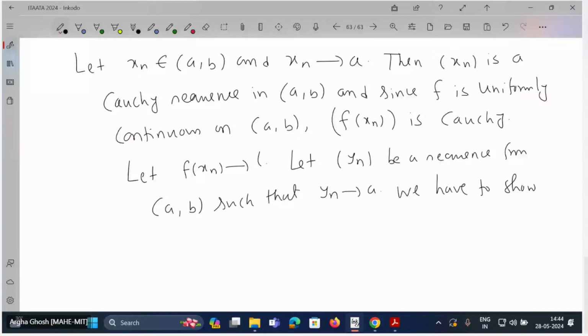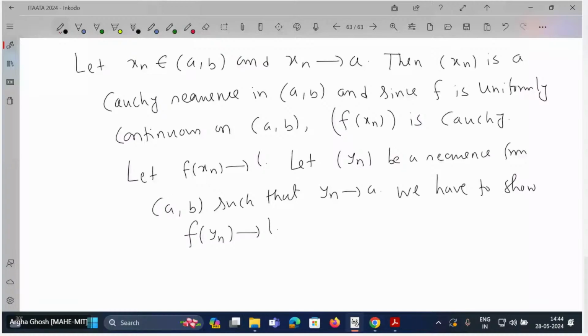How to show that f of yn converges to L? You can prove by contradiction, or you can use a different way, like we did in one of our earlier proofs of a theorem.